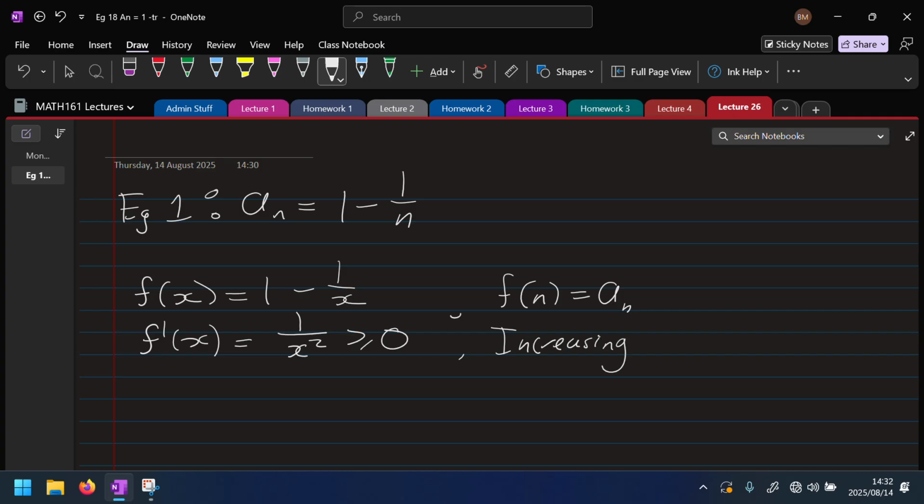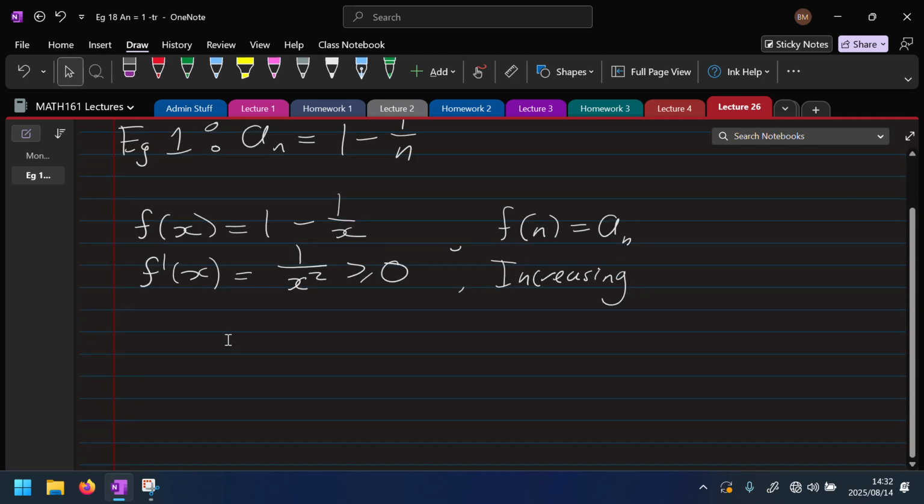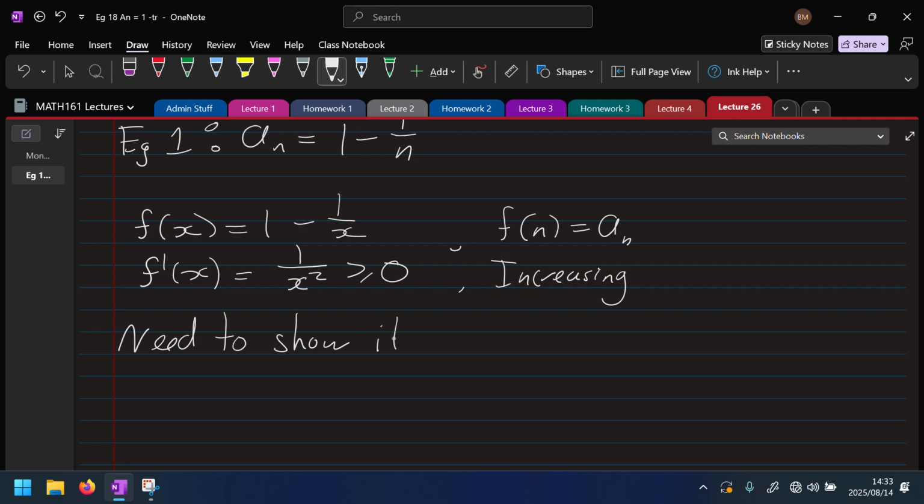It's always good to have a guess first and then check. So if it's increasing, do we need to show it's bounded above or bounded below? Above. Good. So we need to show it's bounded above. It's useless showing it's bounded below if we have an increasing function.